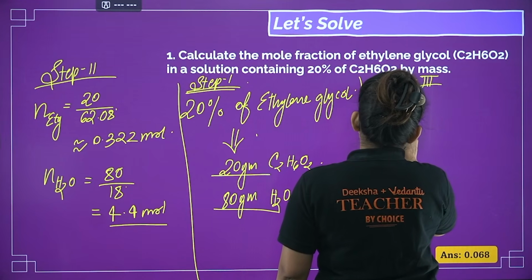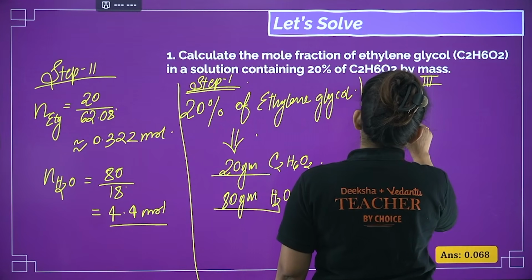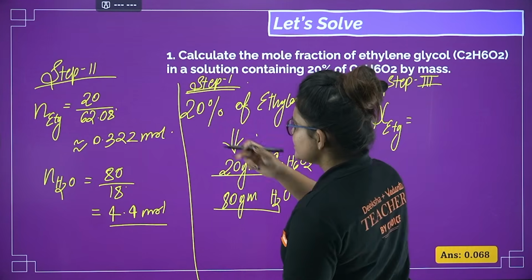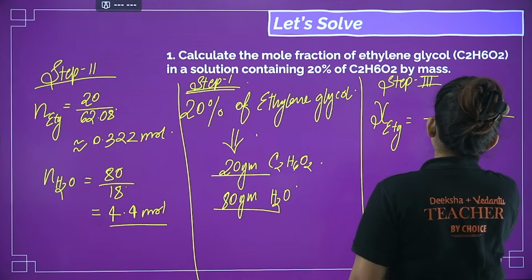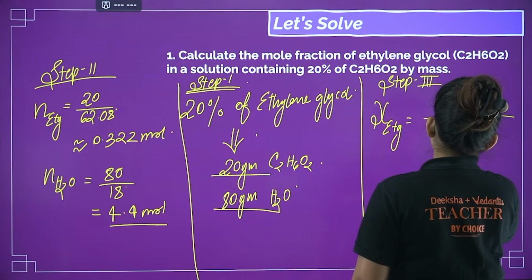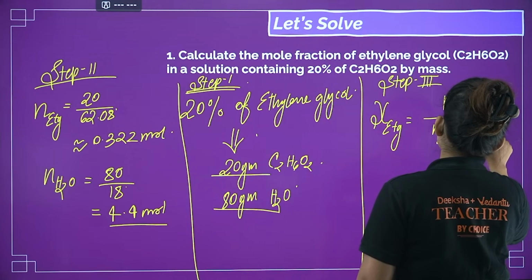Here I have to find out the mole fraction of ethylene glycol. So that's going to be the number of moles of ethylene glycol divided by the total number of moles, so the number of moles of ethylene glycol plus the number of moles of water.